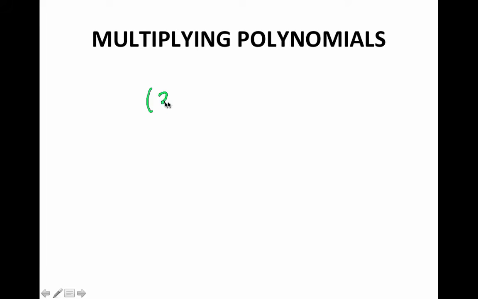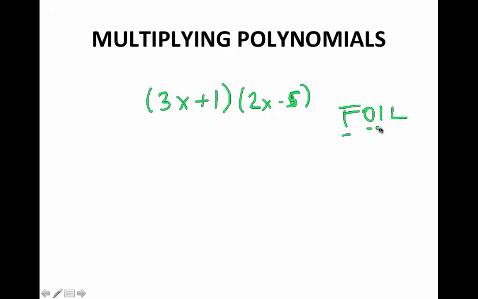So I know that you got a lot of practice in your previous math classes doing a binomial times a binomial. And when we do a binomial times a binomial, often your math teacher says you should FOIL it. So that stands for first, outside, inside, last. So I'm guessing you're probably pretty good at this.